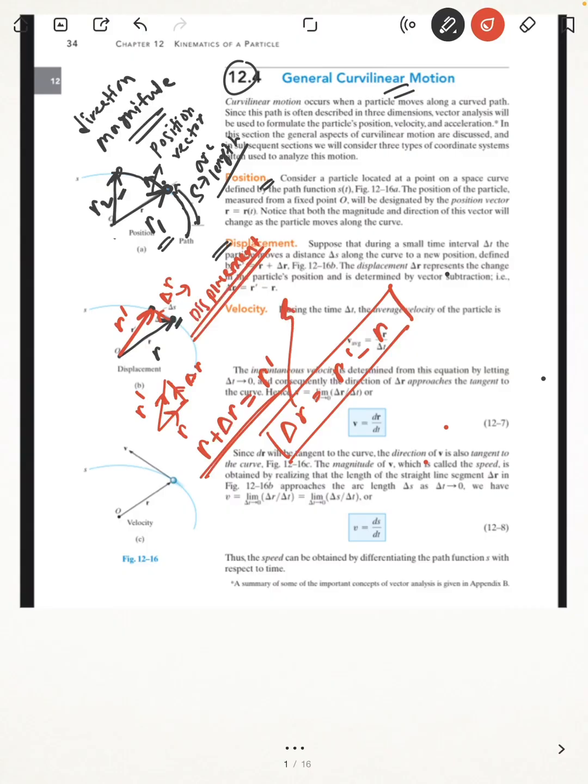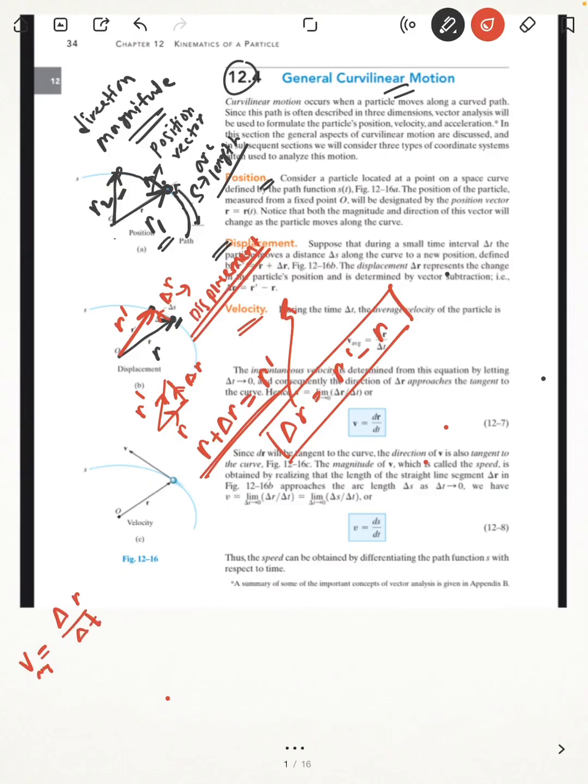Now let's come to the next thing, which is the velocity. Velocity is the change of displacement with respect to time. So I can write the average velocity as the change of displacement with respect to time.